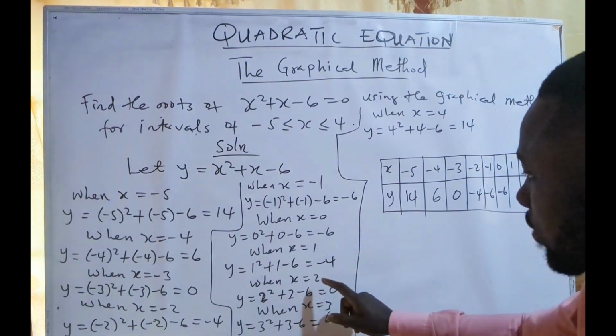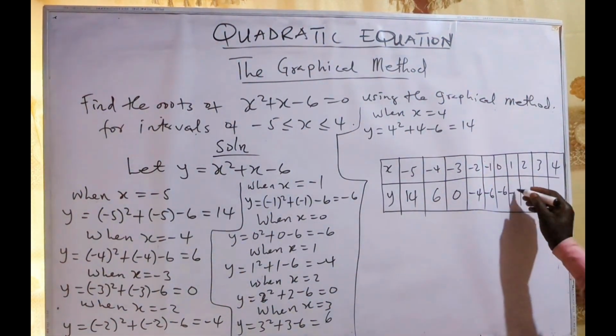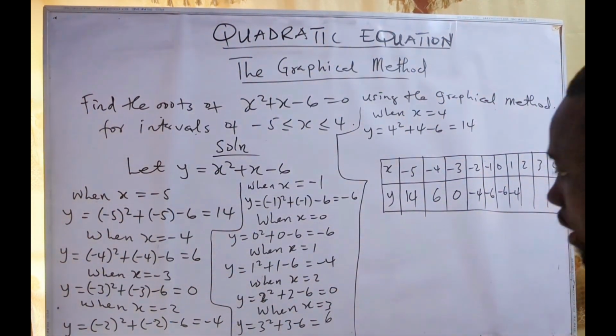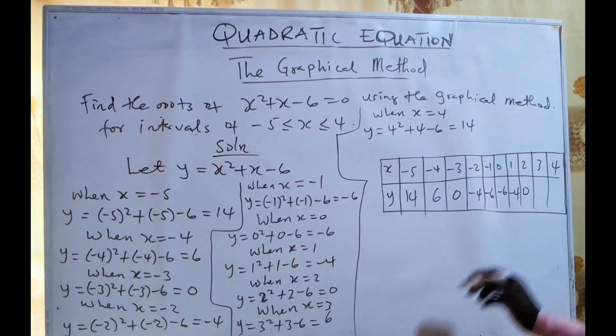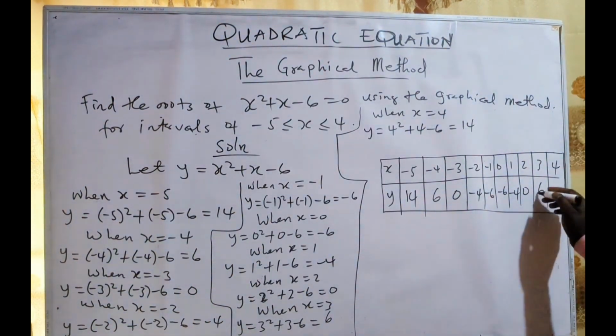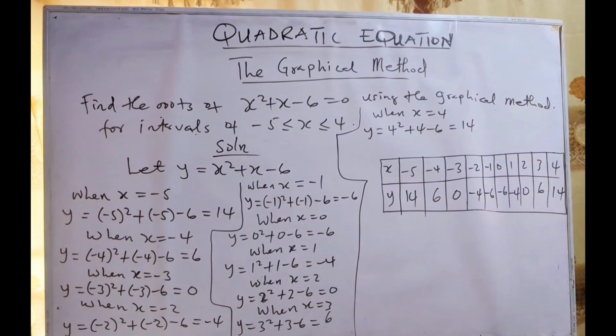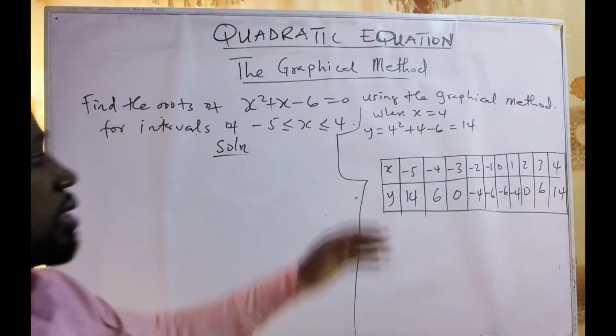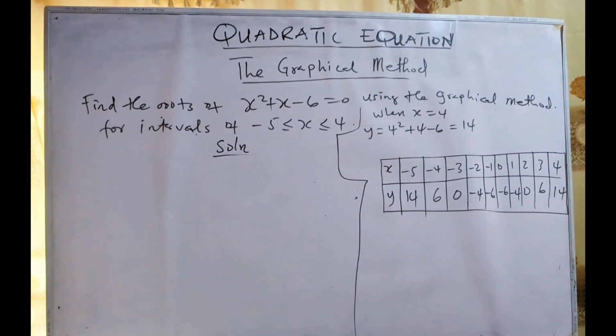X is 1, y gave us negative 4. X is 2, y gave us 0. X is 3, y gave us 6. And x is 4, y gave us 14. So this is what we have in our table for the values of x and y so that we can plot it on the graph.